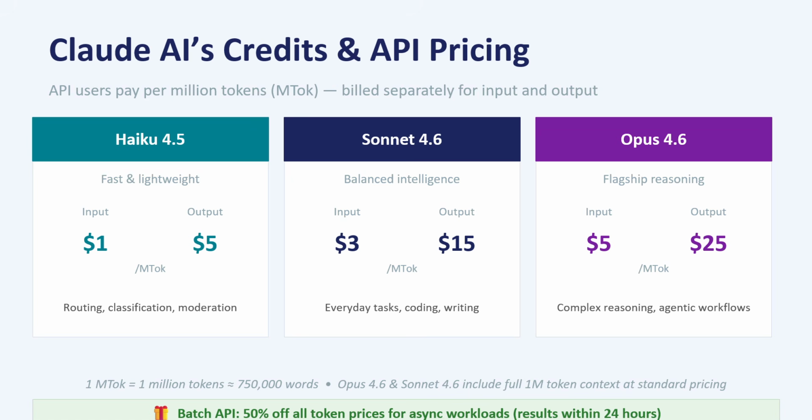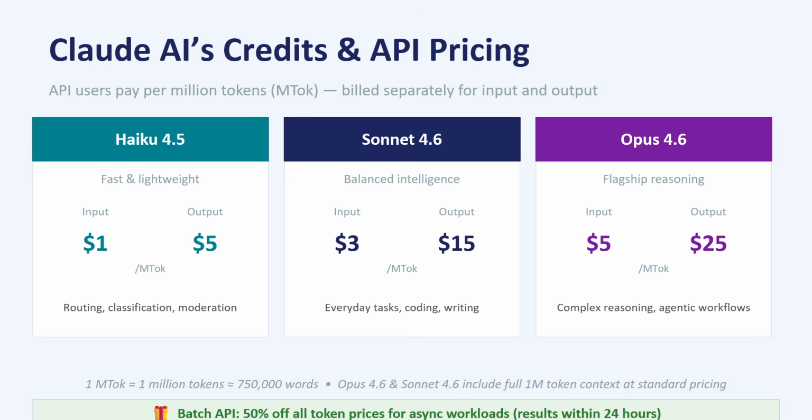The second type is Sonnet 4.6 currently. It is balanced intelligence. The input will cost you $3 per million tokens, and the output will cost you $15 per million tokens. We can use it for daily activities, coding, writing, and other things. These two billing models are available for free users.